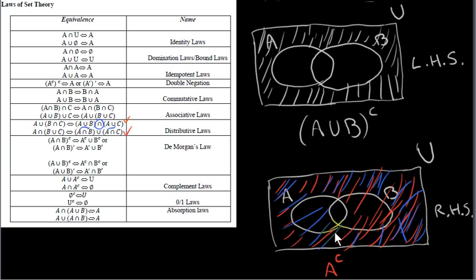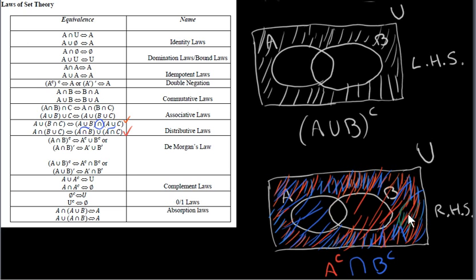So we want the intersection of the red region with the blue region. If you look carefully here, the region that is both red and blue is everything outside of A union with B. In other words, it's A union with B complement. So that shows that the second De Morgan law holds.